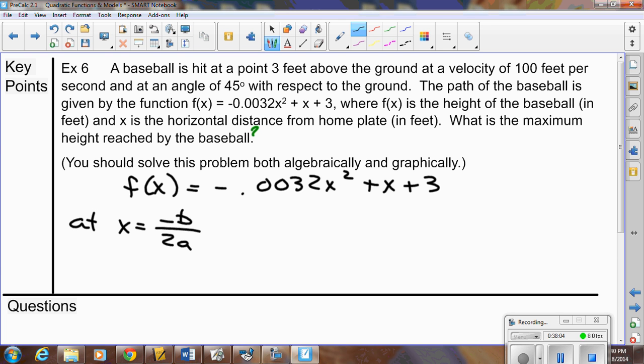So with negative b over 2a, what's the b value? B is 1, so we'd have negative 1 over 2 times the a value, negative 0.0032. Well, grab your calculators. Let's start crunching some numbers.